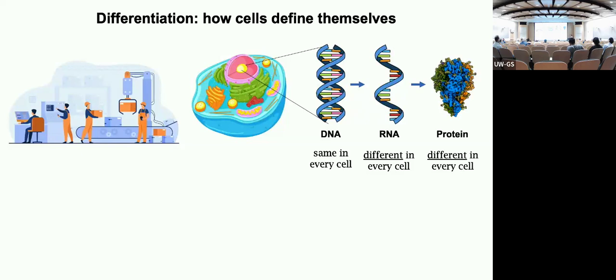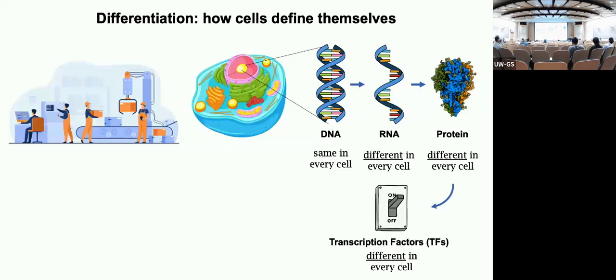There is a special type of protein called a transcription factor. These are essentially molecular switches, which have the ability to bind the DNA and make cells produce RNA differently in each of our cells.